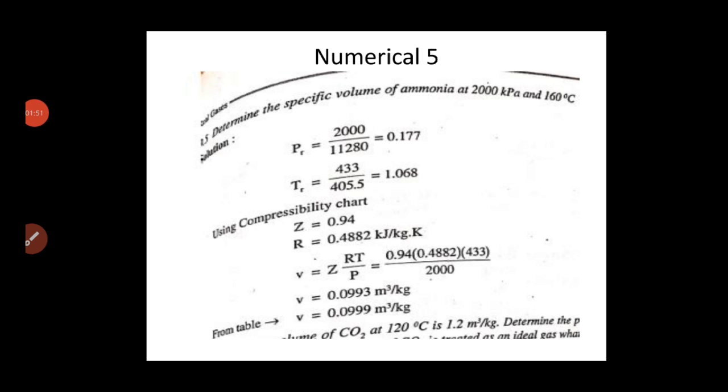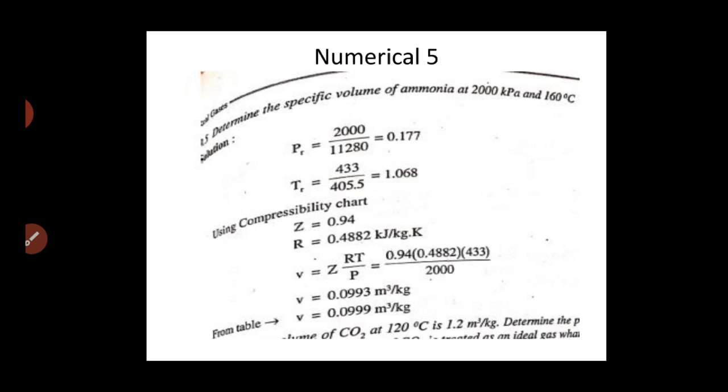Now substituting this value, because here P is given in kilopascal, we are converting that megapascal also into kilopascal by multiplying it with 1000. So we get the reduced pressure PR is equal to P by PC. P pressure is given as 2000 kilopascal, we write it in the numerator, divided by PC, that is 11280 kilopascal. We have converted that into kilopascal. Thus you get the value of reduced pressure PR is equal to 0.177.